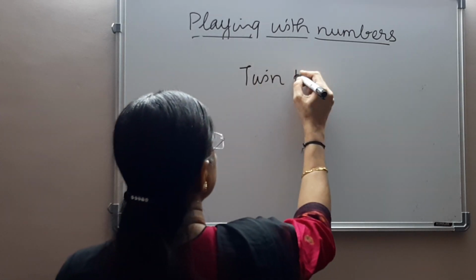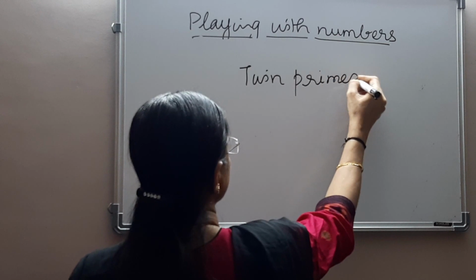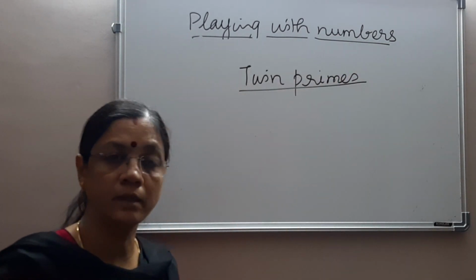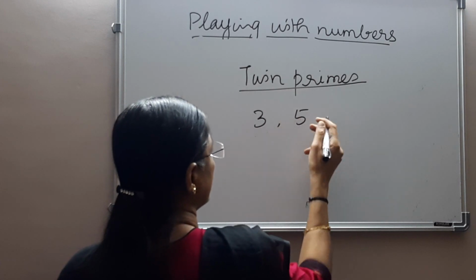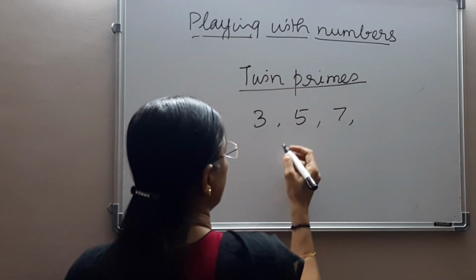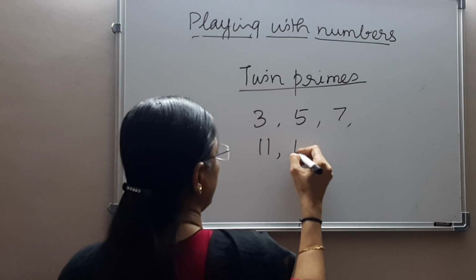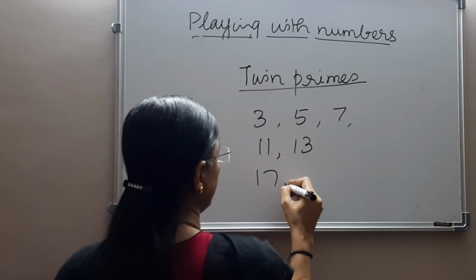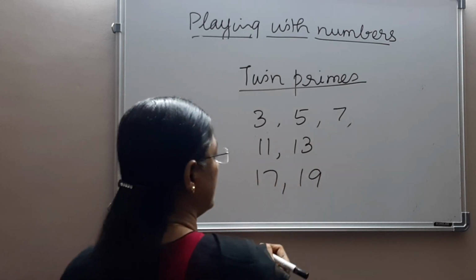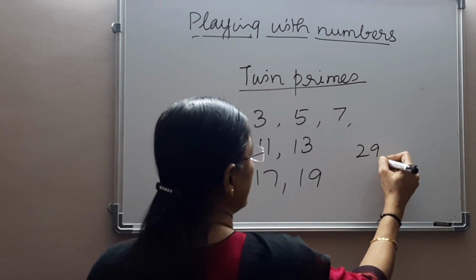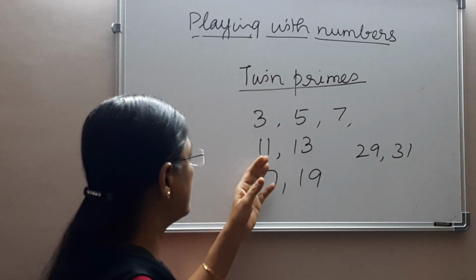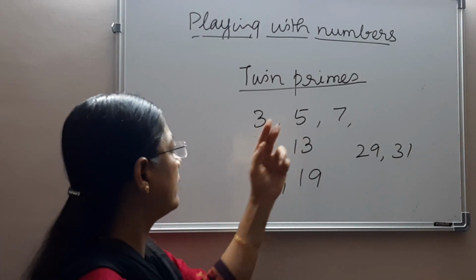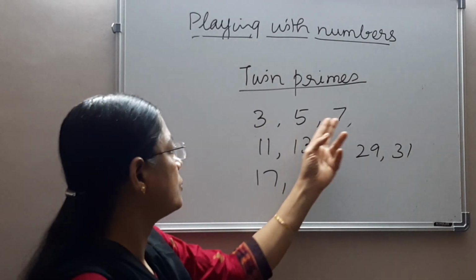Now next is the twin primes. We have seen what are prime numbers, isn't it? Now let us see 3, 5, 7, then 11 and 13, then 17 and 19, then 29 and 31. When you see these numbers, you can observe that you have one composite number in between each pair of prime numbers.